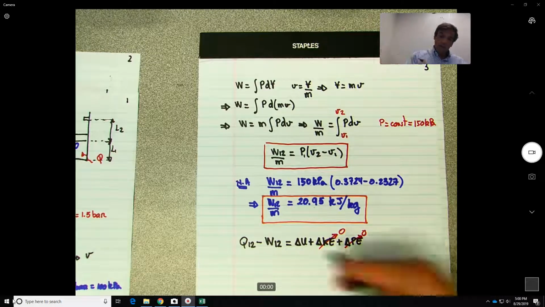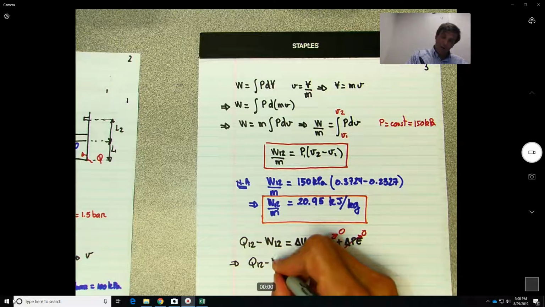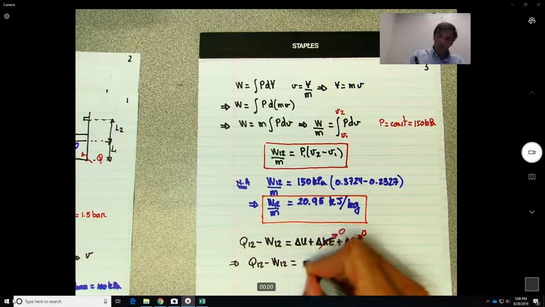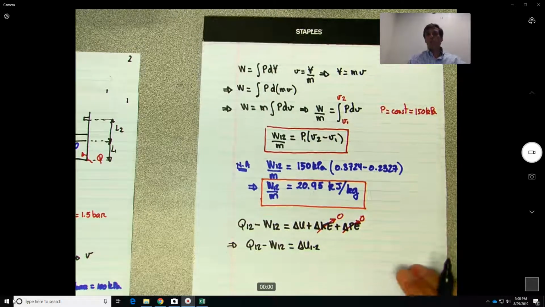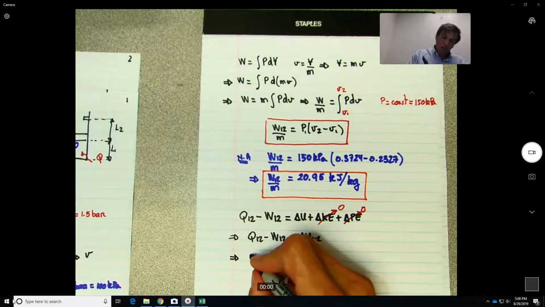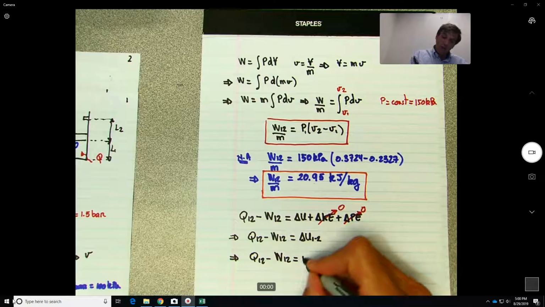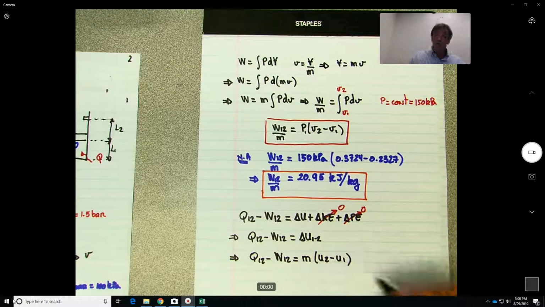So we're left with Q12 minus work 12 equal to M times U2 minus U1.